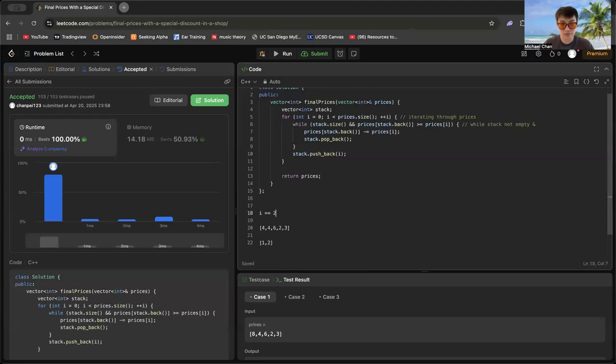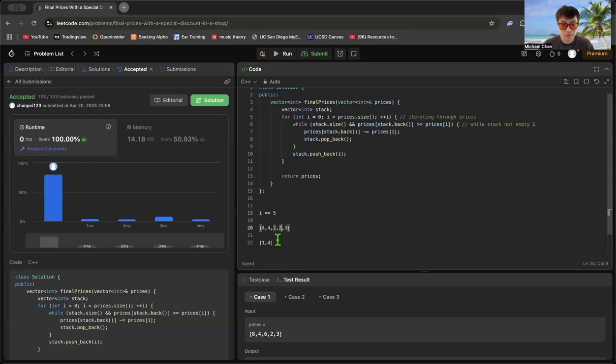Right, i equals 3. Is this one bigger than this one? It is. So this one becomes 4. Stack, you pop it, and then you push 3. 3 to 4, it is bigger. It's 2, you pop this. 4, 5, you're comparing 4.